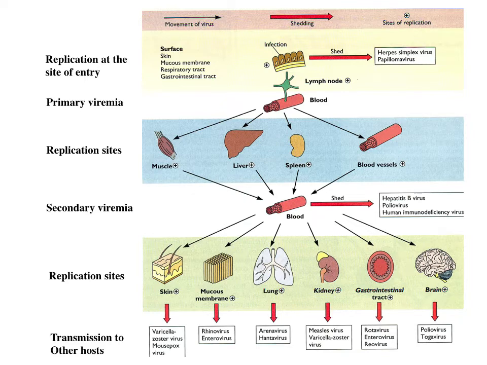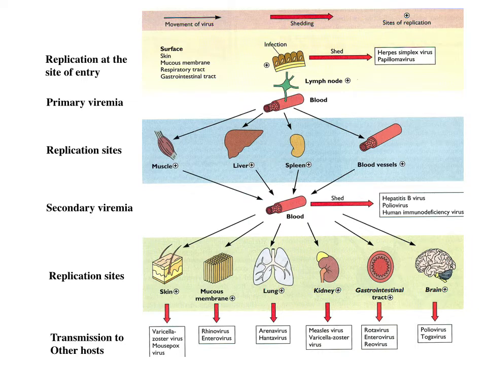But we can have entry of viruses after replication at the site of infection into the blood. And this is our primary viremia. So the virus can be spread now to many different tissues in the body. So we're having a systemic dissemination. And depending on the virus, various replication sites may be the targets.